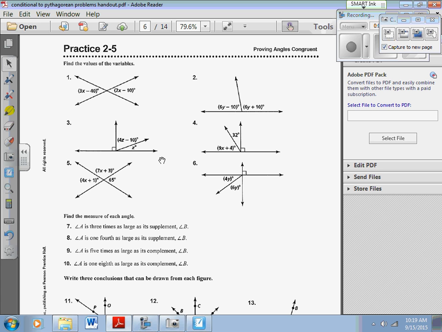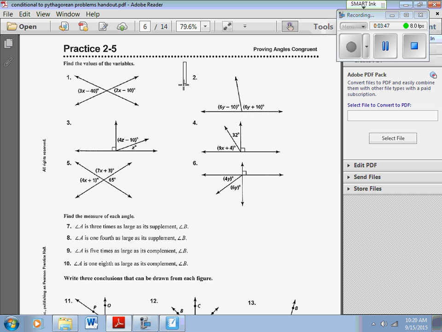and you notice there's two angles that are adjacent to each other. So what do you know about adjacent angles? They have to add up to equal 180. So you're going to set up those two angles added up together to equal 180. So that should be your first clue right there.